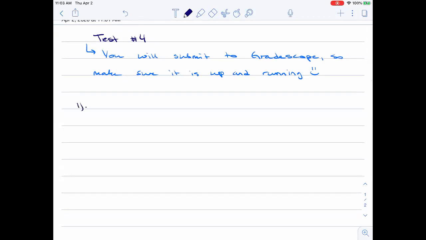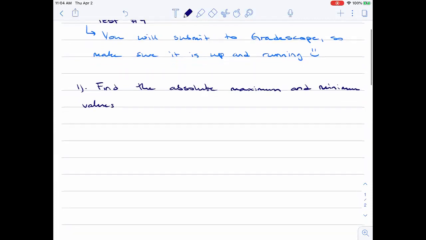The first question on test number 4 is going to be find the absolute maximum and minimum values on an interval.